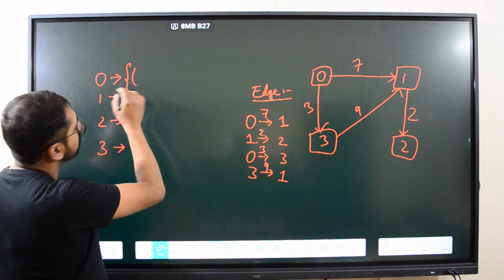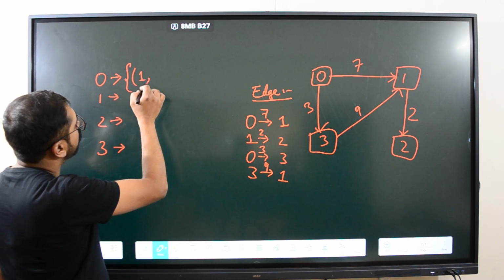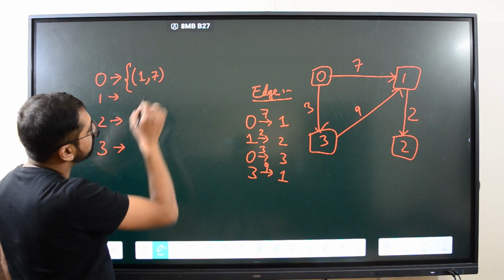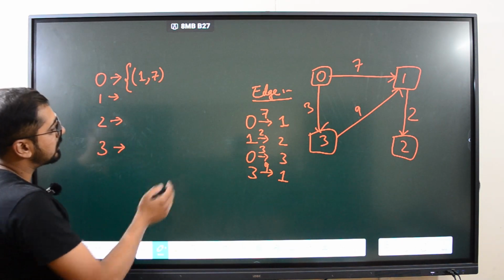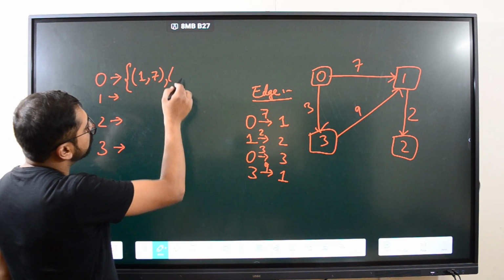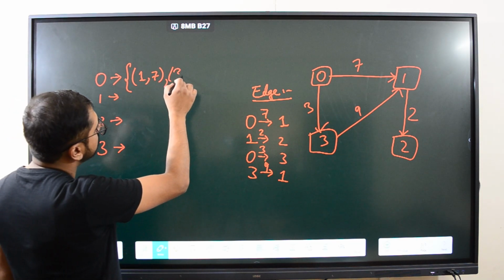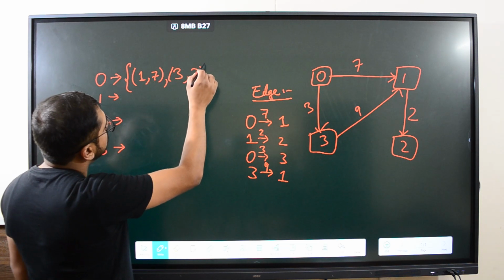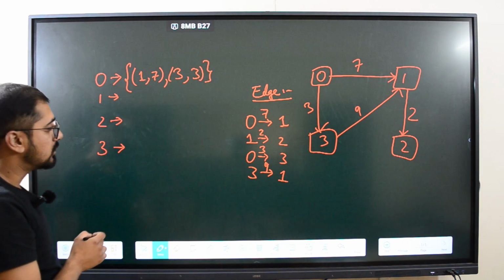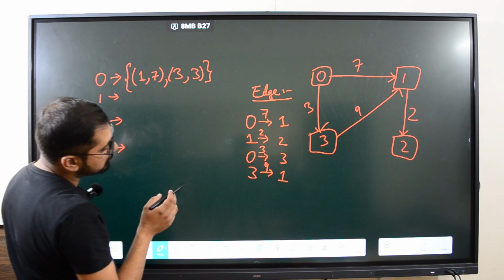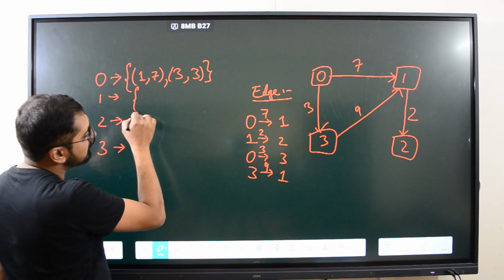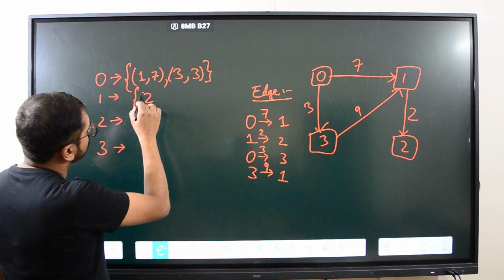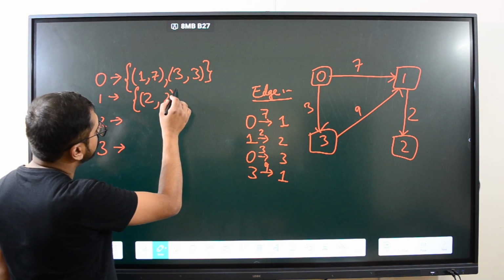For 0 we have an edge to 1 which has a weight of 7, done. And then we have another edge to 3 which has a weight of 3 here. So this is also done. Then let's look at the edges from 1. From 1 we have an edge going to 2 which has a weight of 2 here.